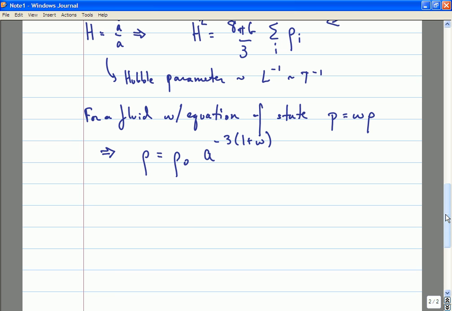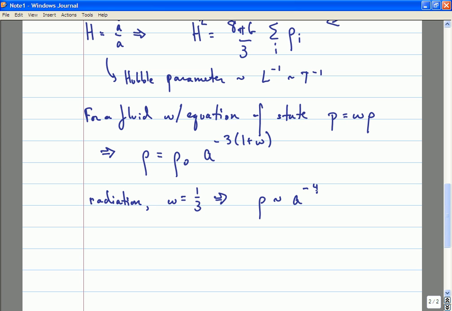For example, if you have radiation with w equals 1/3, so that's just the statement that the pressure of a gas of photons or a gas of massless particles is 1/3 the energy density of that gas of massless particles, then that tells you that rho will go like a to the minus 4.